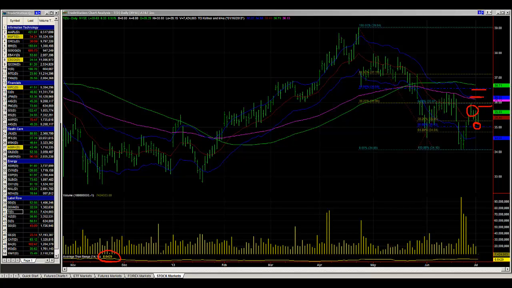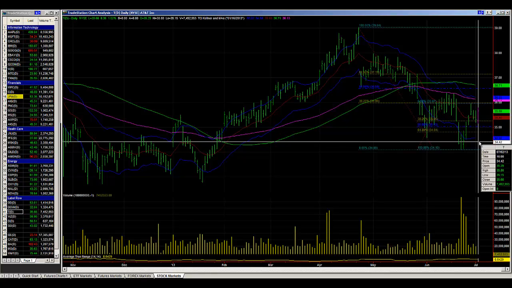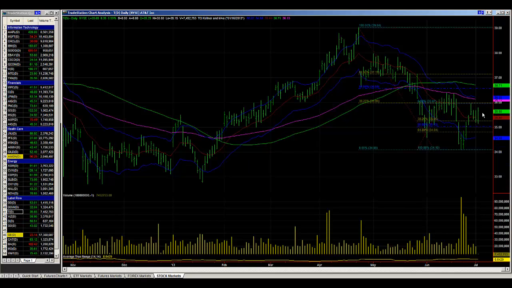If that high holds today, then I would look to bring your stop down to 36.13, 36.15, something like that, just above the high, half a range above the high of the bullish outside. You just want to manage this trade. We're not following through like it should, so you've just got to manage it.